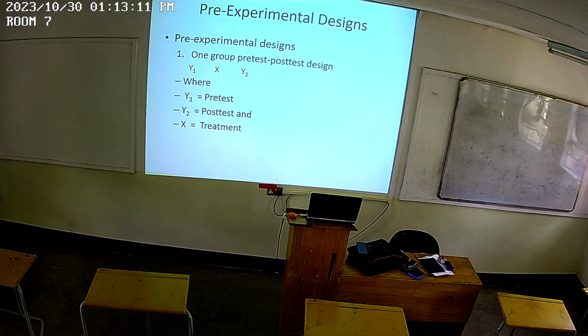What should be done? So you answer this question. How do you assess whether the treatment is having an impact, whether the treatment is having an effect on the dependent variable?